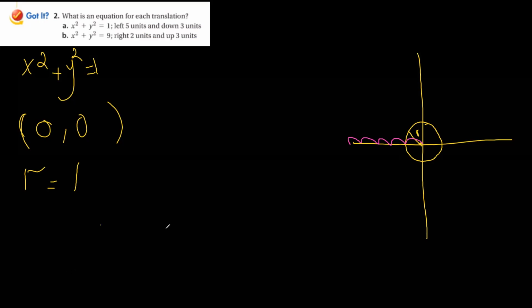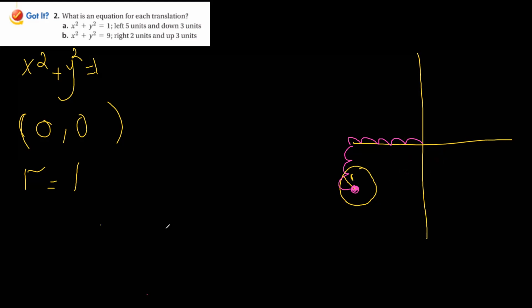Then 3 down: 1, 2, 3. Here is my new center for my circle. So I will now bring this one to be here. This is my new circle now. Since I changed its position, the center is changed.